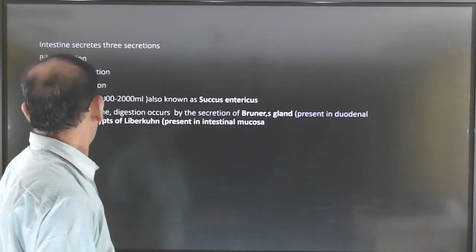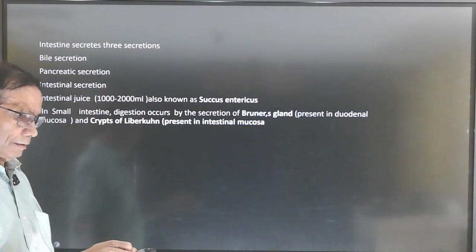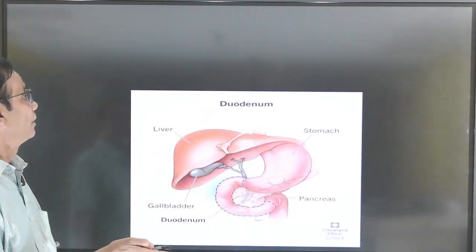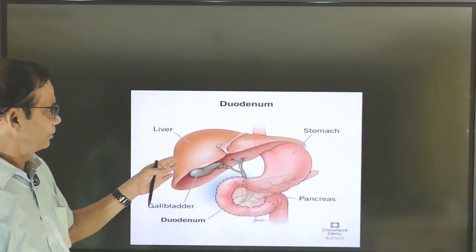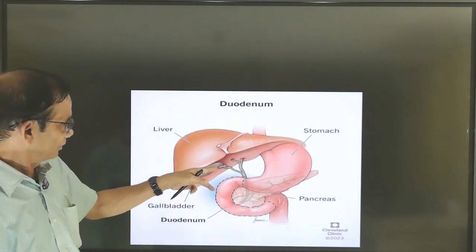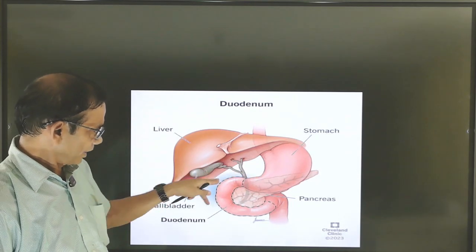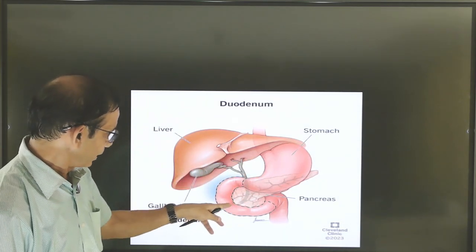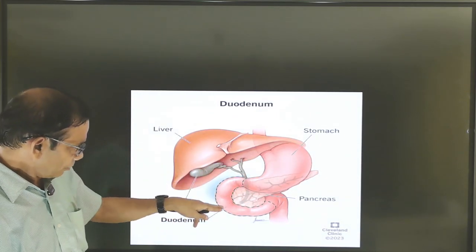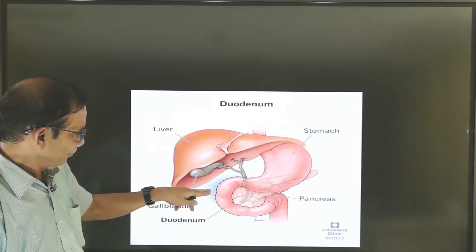Now, this is the structure of the duodenum, that means the intestine, from where the duodenum starts. This is the U-like structure which is called the duodenum.